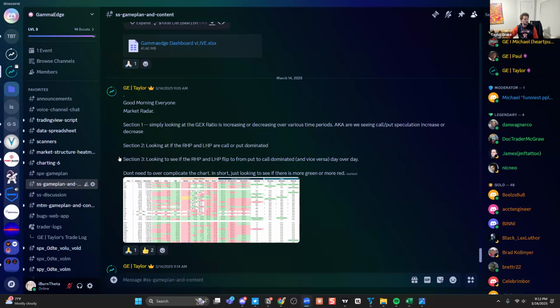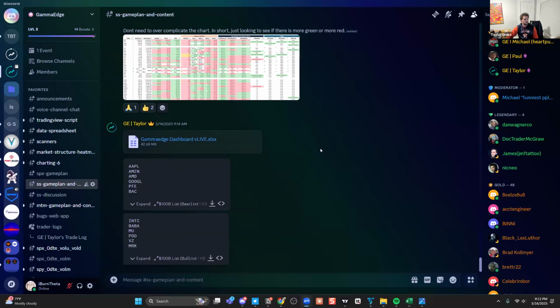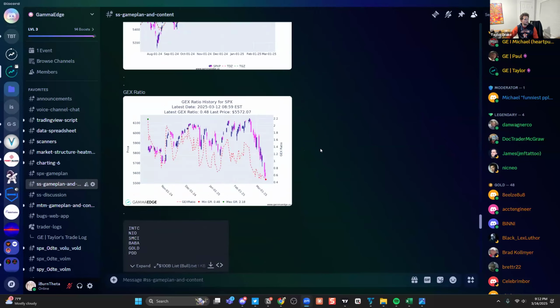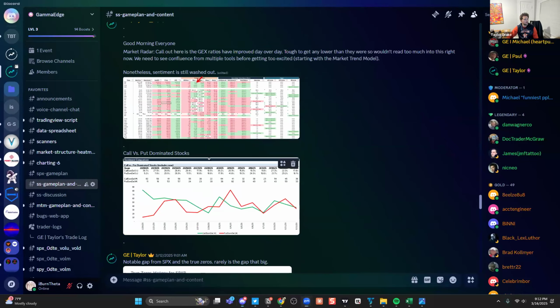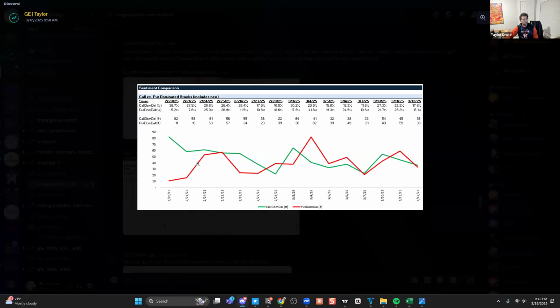So we start to see that expansion in call dominated stocks. Not only just SPX, but the Mag 7 or the bellwether stocks start to see that coming as well. One thing that we do there, so you can see this graphically, is on the single stock game plan, something I generally post, but I didn't post, this is just a time series of our call dominated versus put dominated scans.